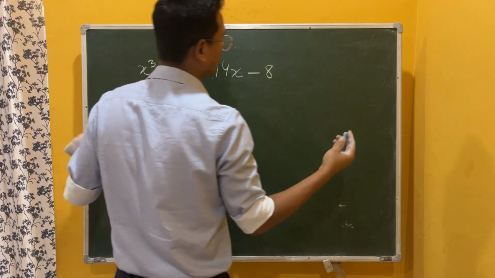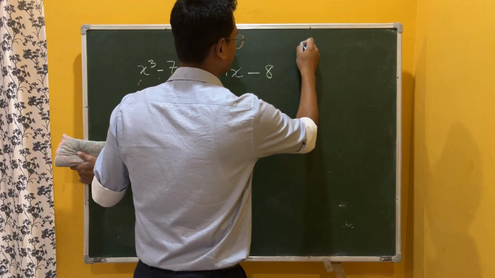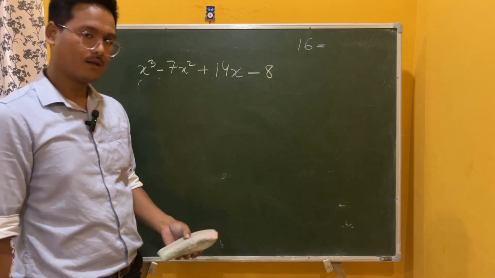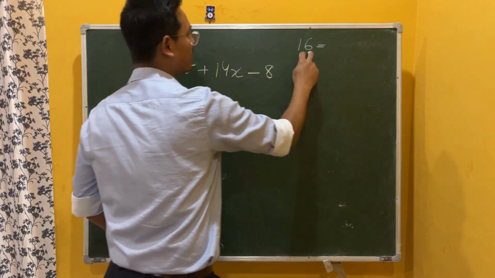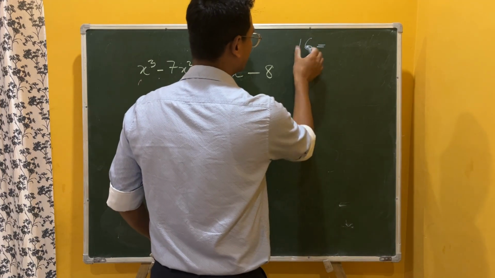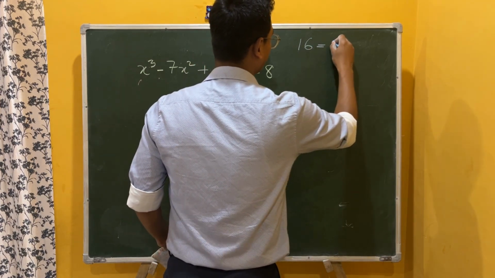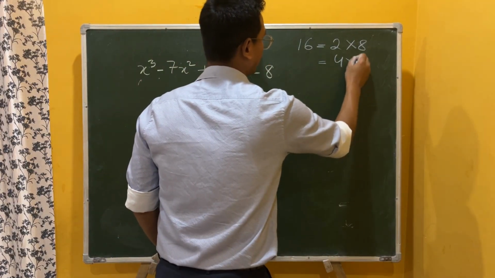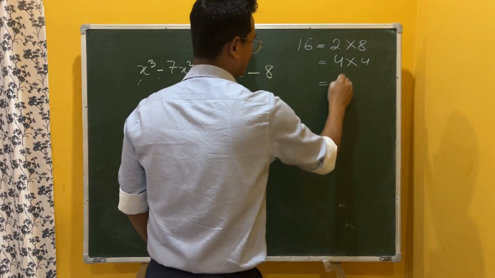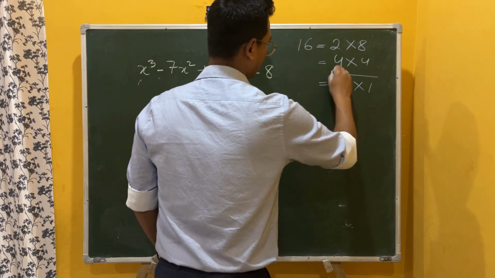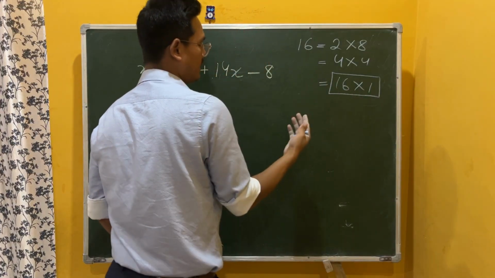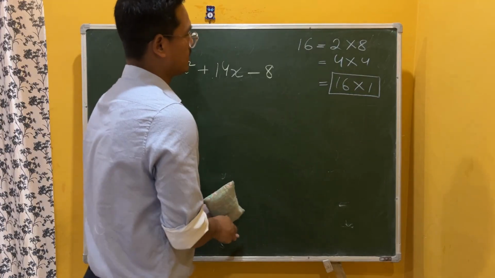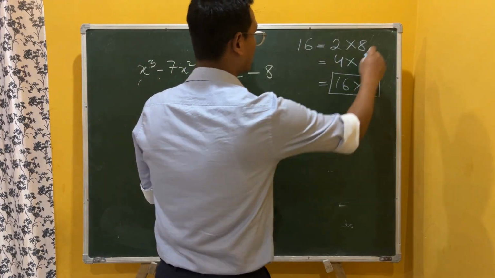For example, if you have a number, let's say 16, someone says factorize this 16. It means to show that this is a product of factors. For example, you can factorize 16 in this manner. Let's say 2 into 8, or 4 times 4. Well, 16 into 1 is also a factorization of 16, but this is called a trivial factorization. This is always true. So we are bothered with these two.